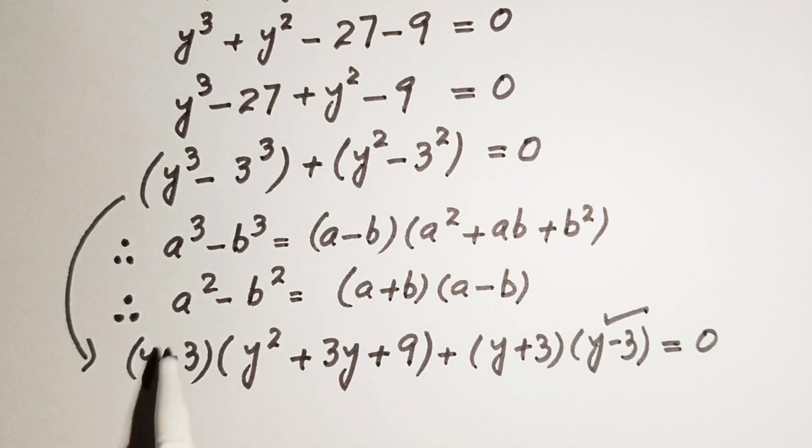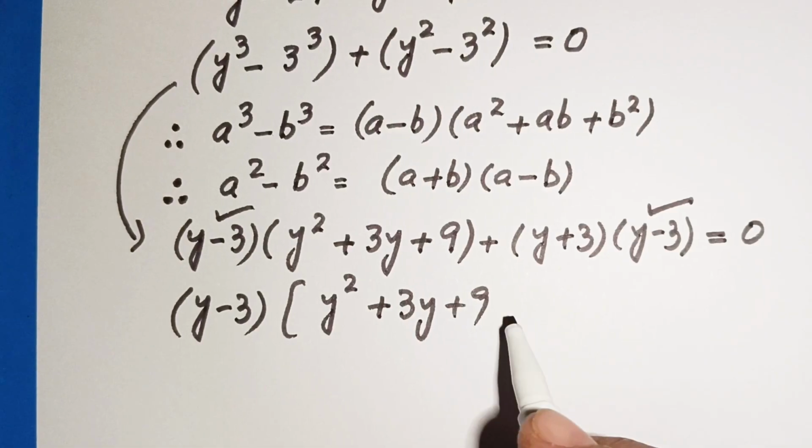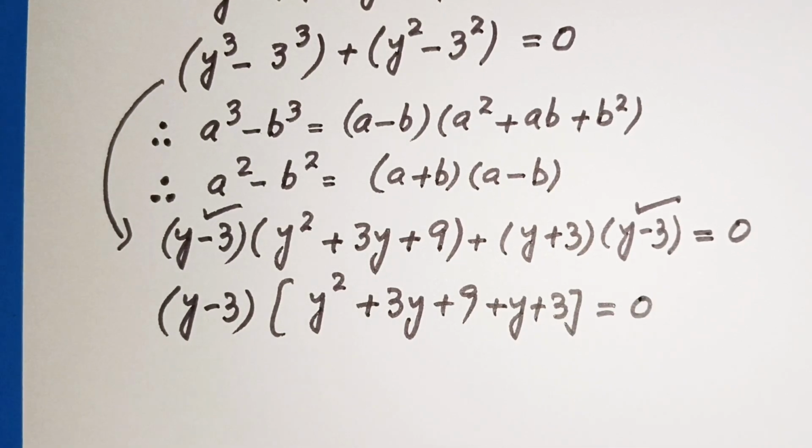So here y minus 3 is common in both, so taking y minus 3 common, then we have y squared plus 3y plus 9, plus y plus 3 is equal to 0.